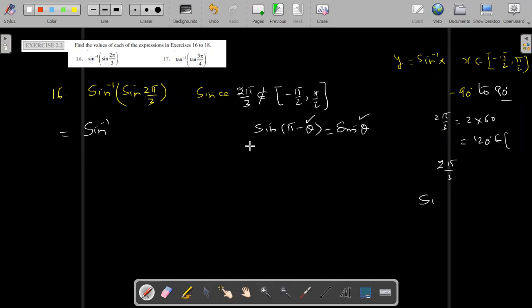We are using it in the reverse order, that is sine theta can be written as sine of pi minus theta. So 2 pi, how can we write 2 pi by 3? We can split it in terms of pi: pi minus pi by 3.